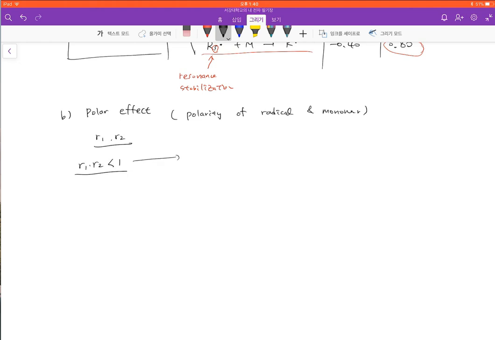If you compare the r1 and r2 values and multiply them, and those numbers are much smaller than 1, these two species have a tendency to form an alternating copolymer. You already have learned about this, right?